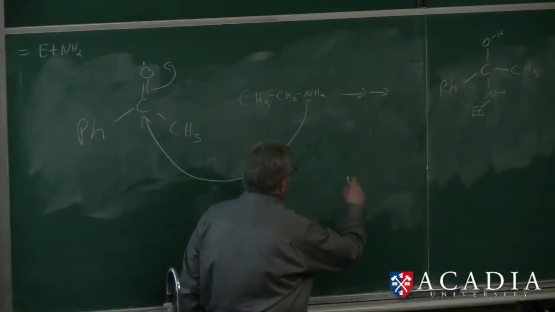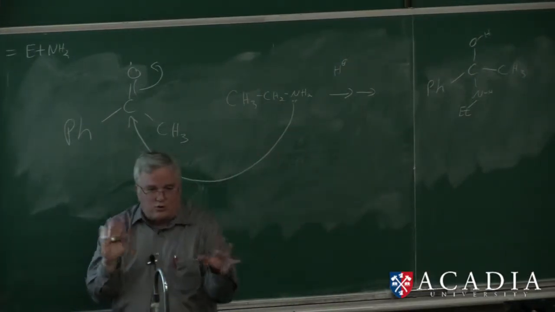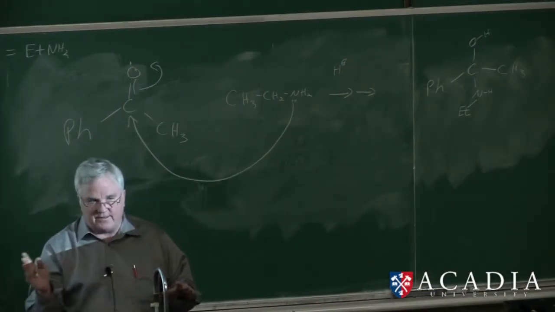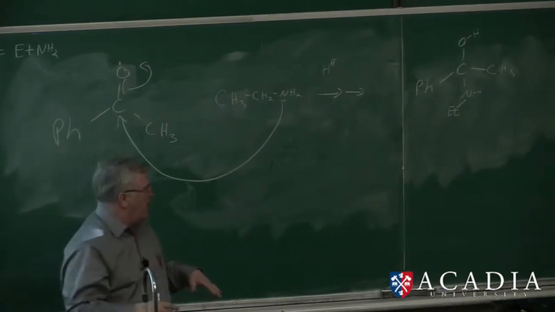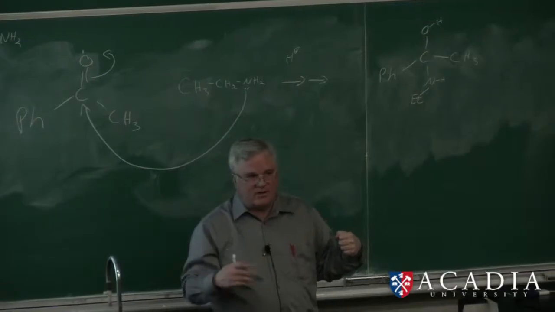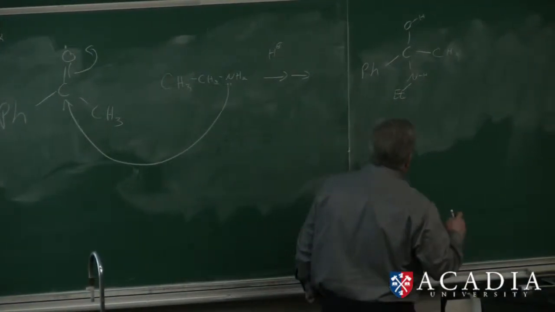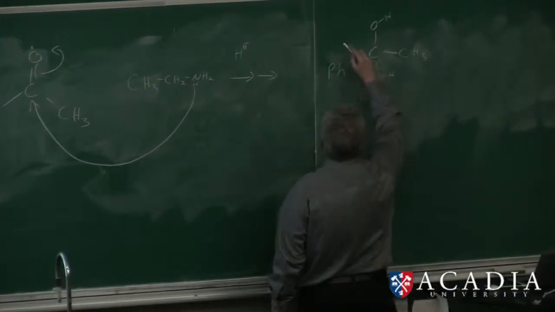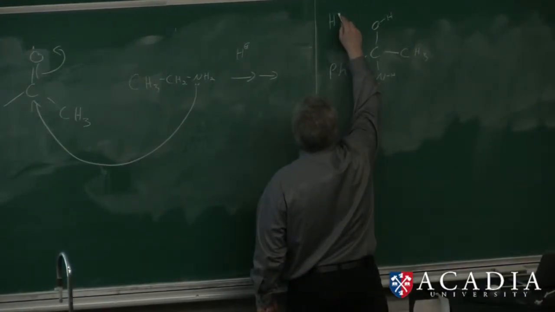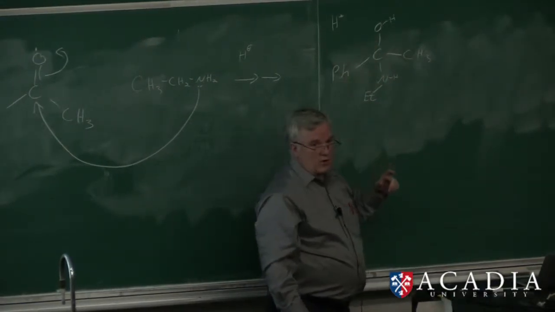Now, the other thing we have to realize, this is under acidic conditions, so we have proton carriers floating around. We have lots of things that can carry those protons around, and in fact, amines are very strong bases. Our proton carrier is very likely to be a protonated amine. But once we get there, we can protonate things, and I can protonate this, or I can protonate that.